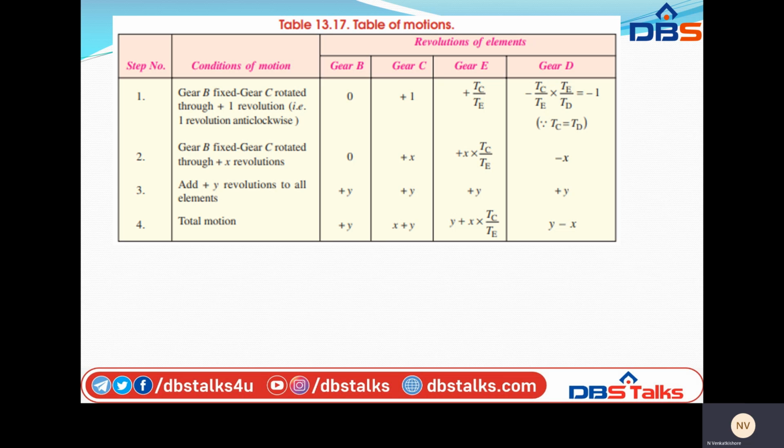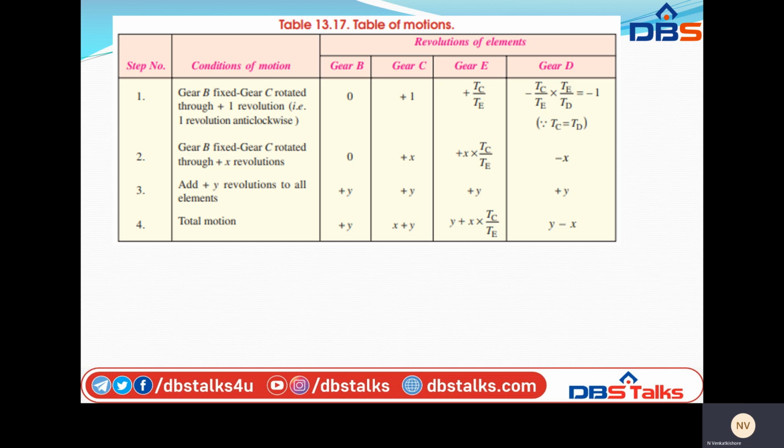So always remember both the tables. Okay, here what is the table? The same, in continuity. Gear B is fixed. Gear C is rotating, since B and C are connected to each other and E and D are connected to each other. So gear B is fixed, so it is 0.